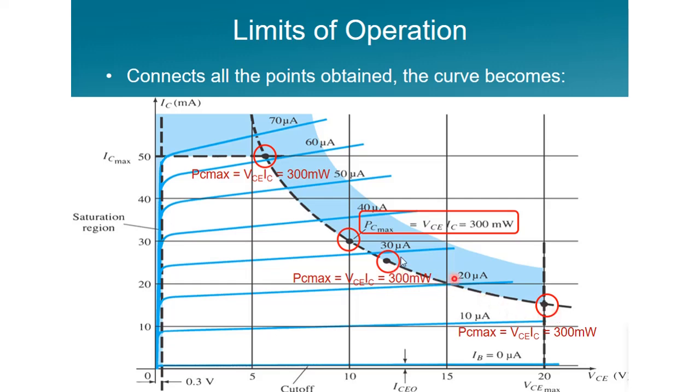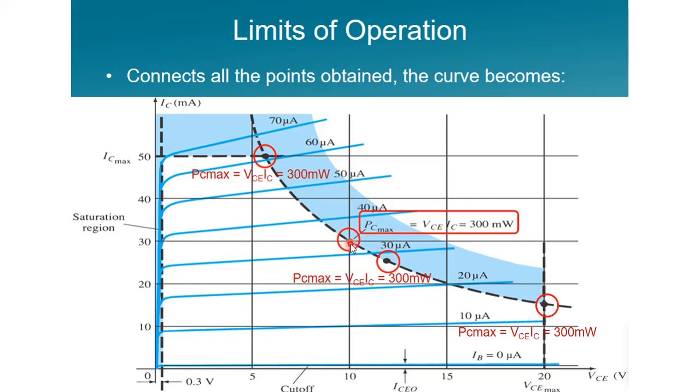As you can see here, the range of the IC, this is the IC maximum. So you get this kind of curve, and the value at this IC maximum is 50. Then we get the total value of the PC maximum here is 300 milliwatt.